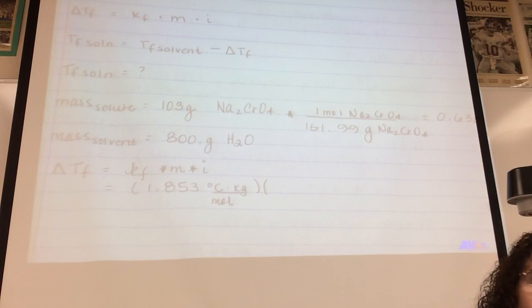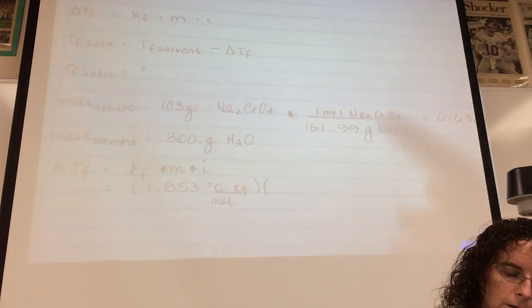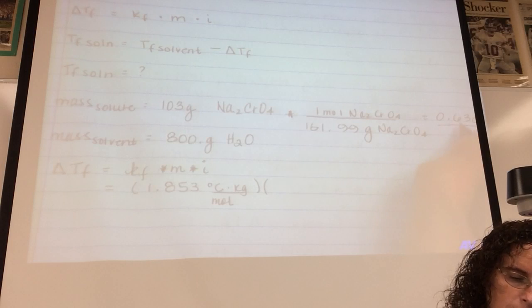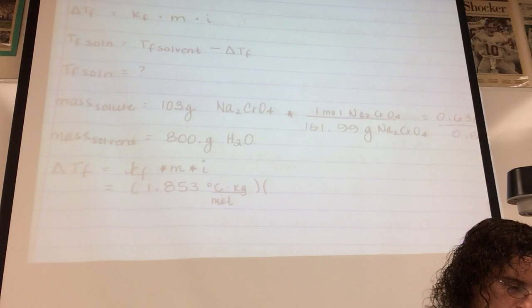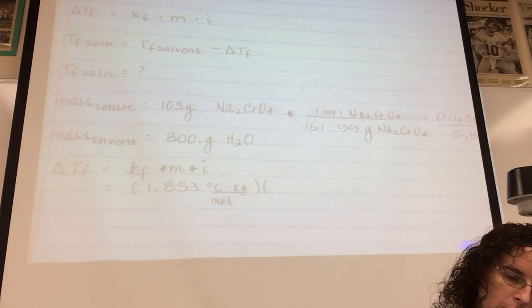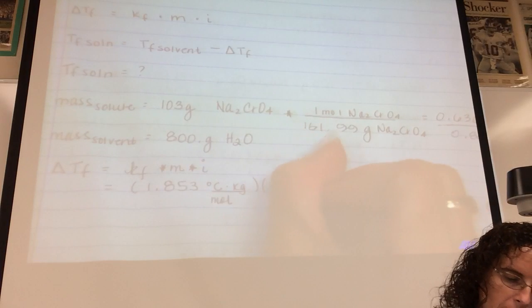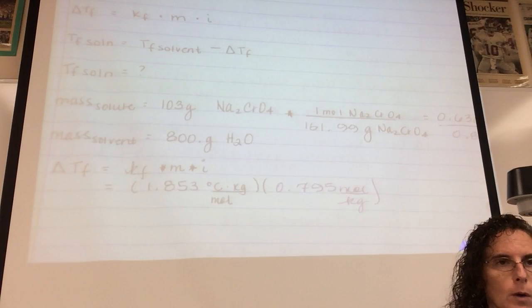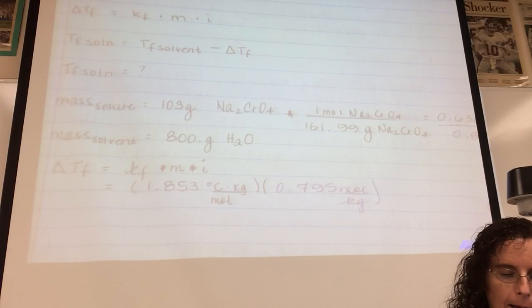No. I have to divide that by 0.8, the kilograms of water, and I did see some poor conversions in the other class. Be very careful with your conversions. You have 0.795 moles per kilogram. That's the unit for molality, or you can write little m.